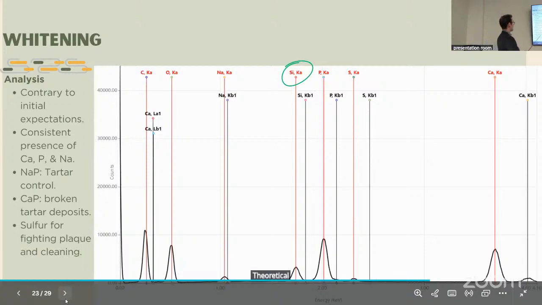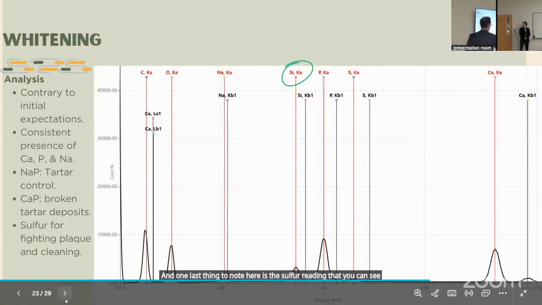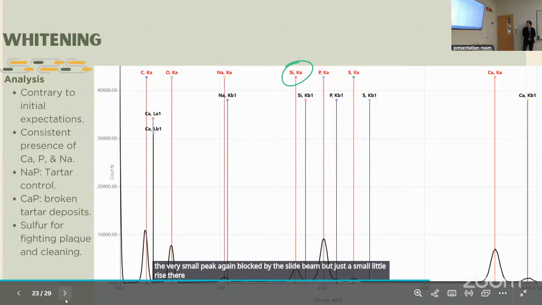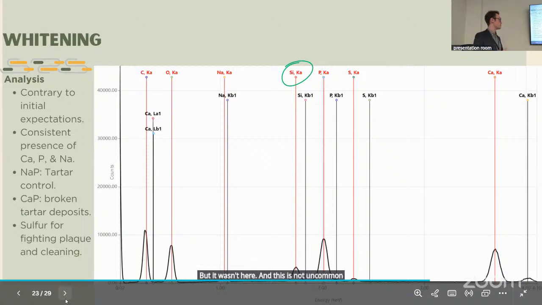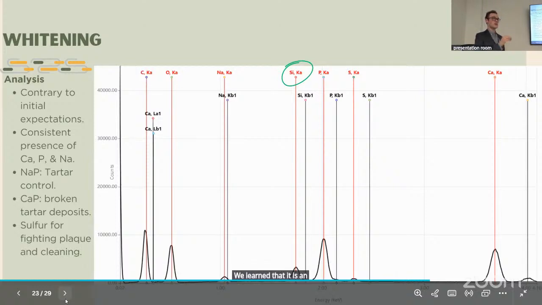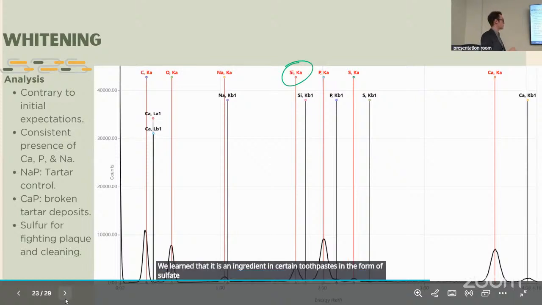One last thing to note here is the sulfur reading that you can see here, a very small peak, again blocked by the slide beam, but just a small rise there. Sulfur was not present in nearly as high levels in the previous samples, but it was here. This is not uncommon, not unheard of. It looked a little strange to us initially because sulfur sounds like something we wouldn't want in our toothpaste. But upon our investigation, we learned that it is an ingredient in certain toothpastes in the form of sulfate, not just sulfur on its own.